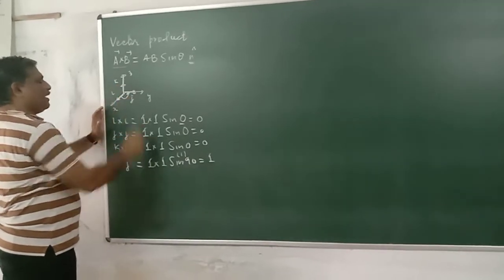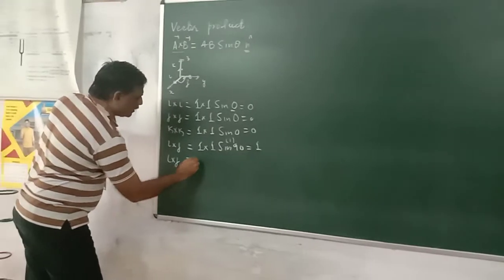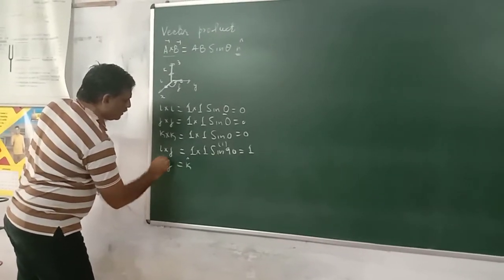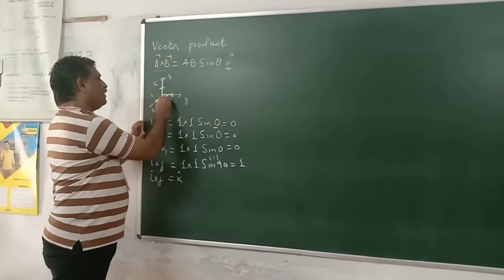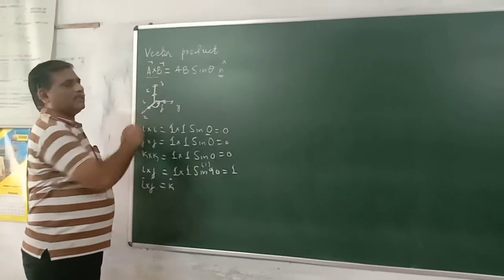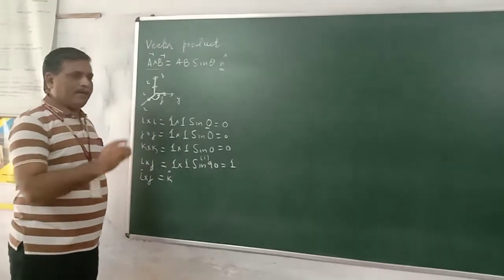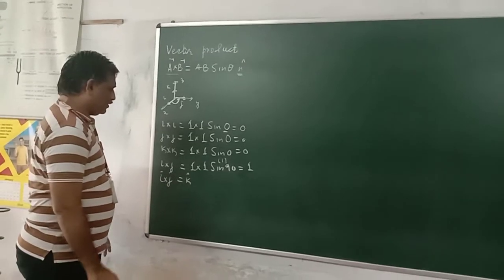That becomes the k direction. Therefore, i cross j is nothing but k, because the unit vector n cap, when we are rotating i to j, goes in the anti-clockwise direction, and when rotated anti-clockwise, it is in the upward direction.